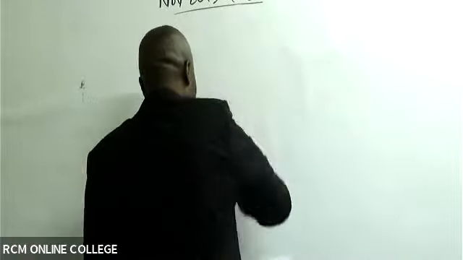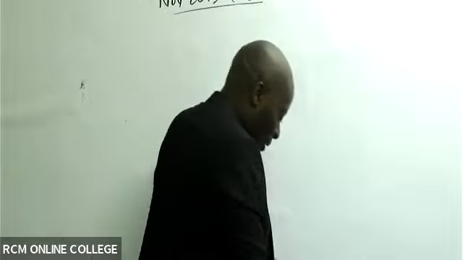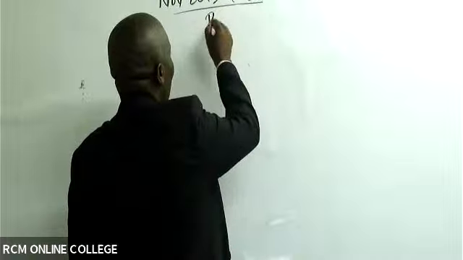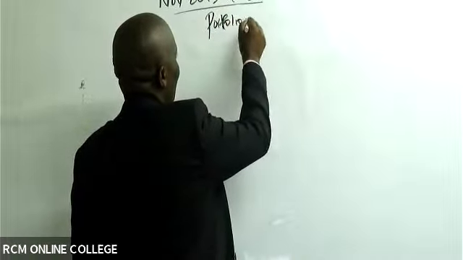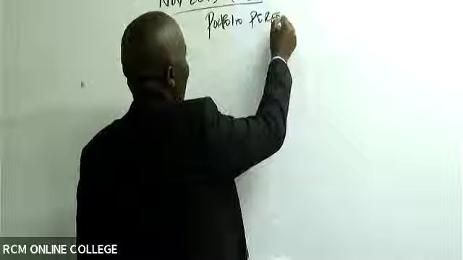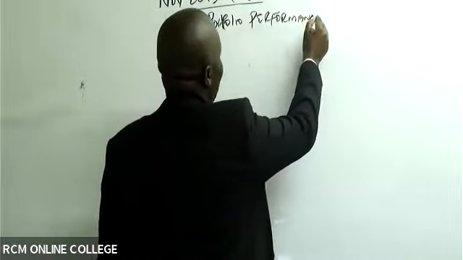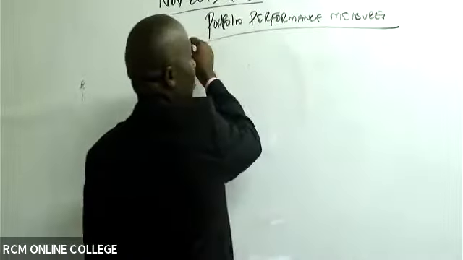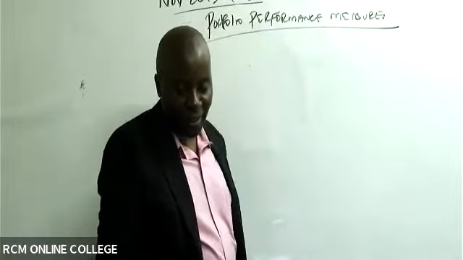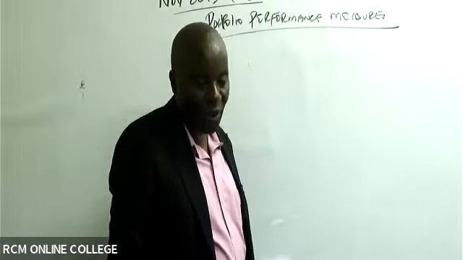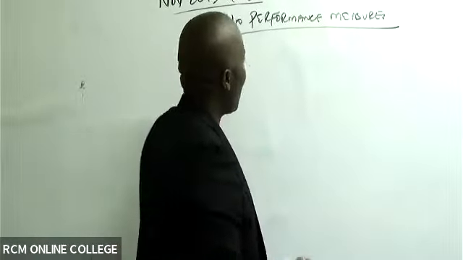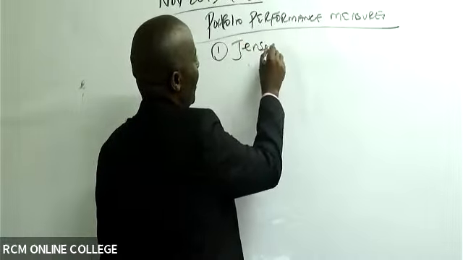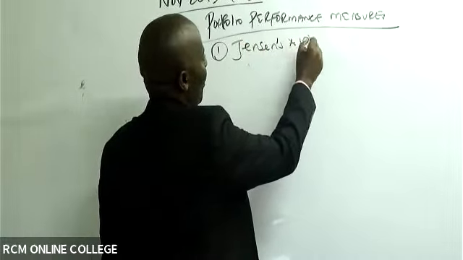Now from there, we go to portfolio performance measures. Of which the first model is Jensen's alpha value.